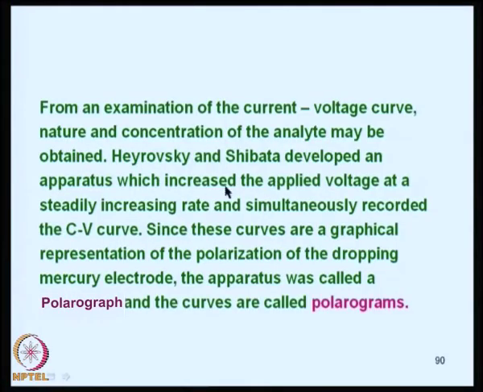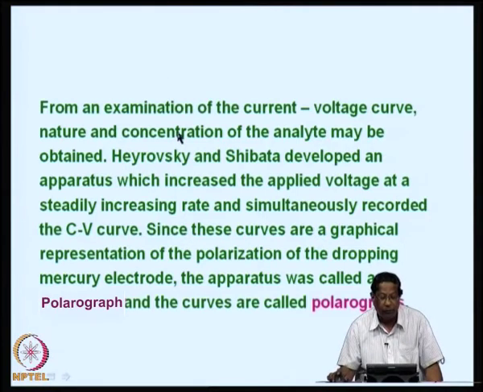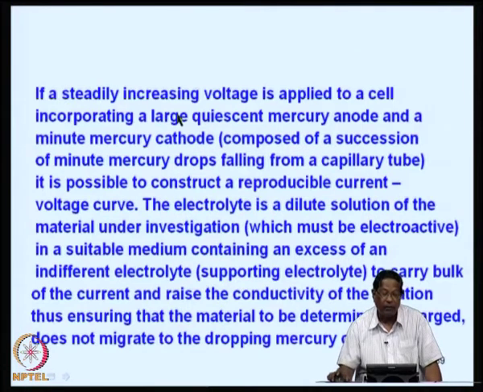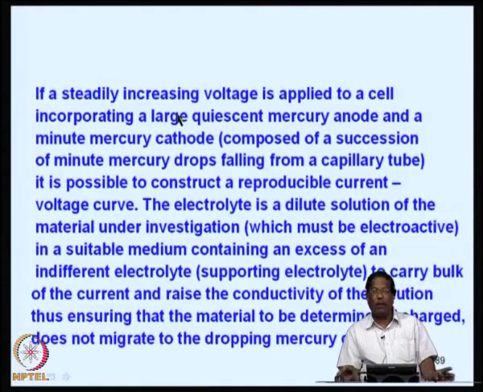If we look at this slide, we can examine the current voltage curves, and then the nature and concentration of the analyte may be obtained. Now, all this is in the system I described earlier, that is, a steadily increasing voltage is applied to a cell incorporating a large quiescent mercury anode and a minute mercury cathode.